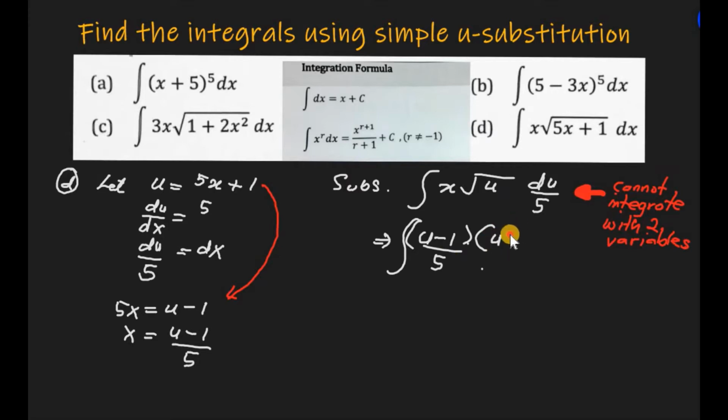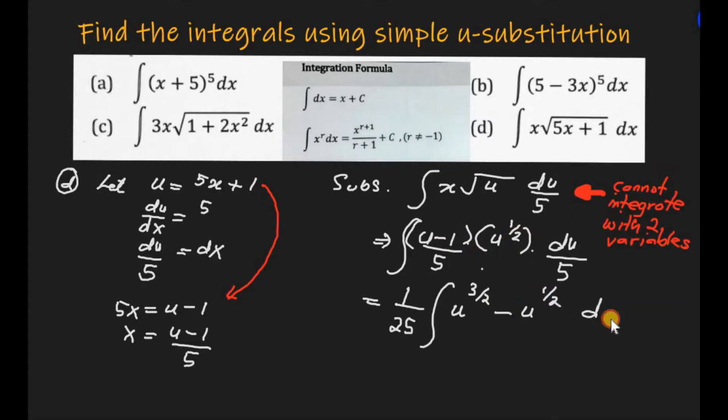So it is u power half, and we have 1 on 5 du. Okay, so let's bring the constant in front. 5 times 5 is 25, and we cannot have a product rule. You need to expand. u power 1 multiplied by u power half, 1 plus half, so u power 3 on 2. Alright, okay, good. And here 1 times u power half gives u power half.